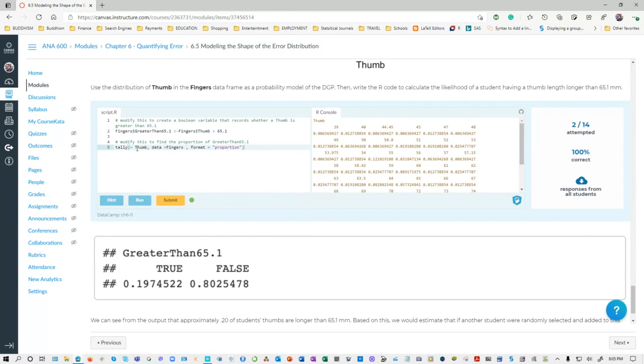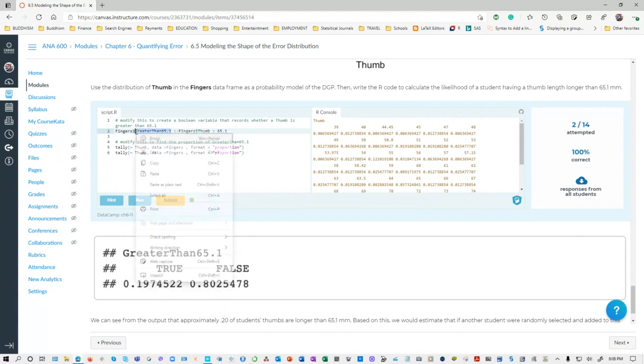Since our new variable is this one, I'm going to run this in another way, the way that we want. We put tally, this way we need thumb. Now the data set is fingers. My new one is called not the thumb.